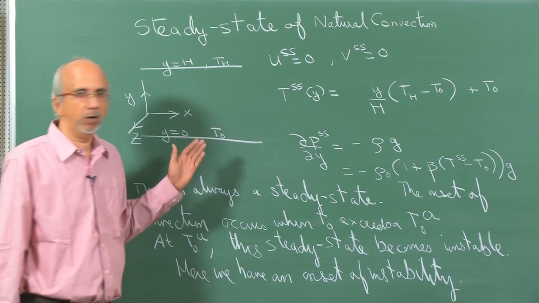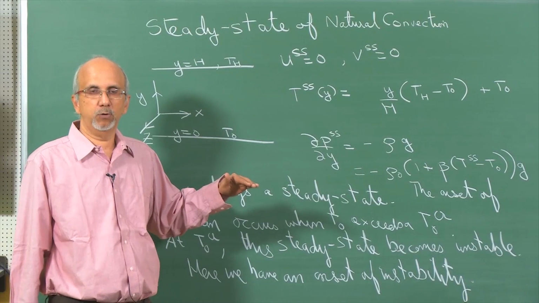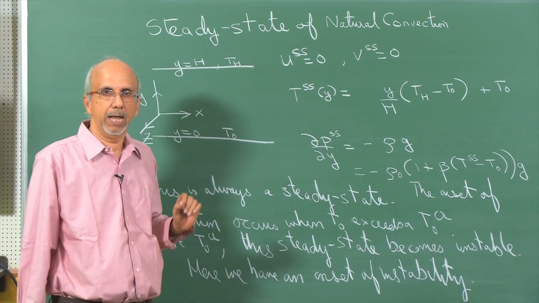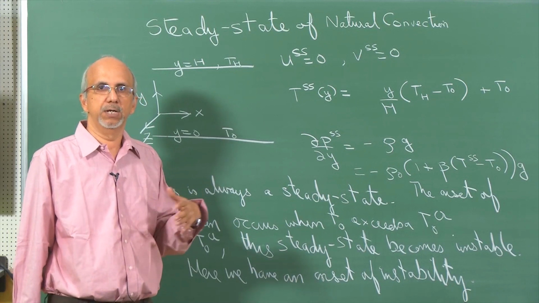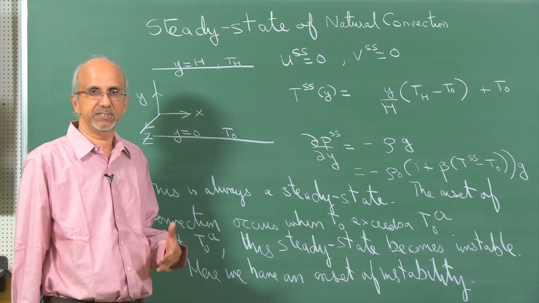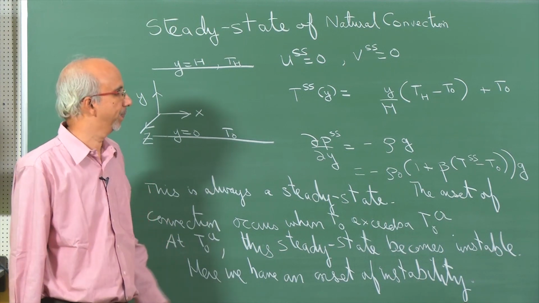In order to do that, we are going to impose perturbations on the steady state, and we are going to look at how these perturbations actually evolve with time. That is the strategy.